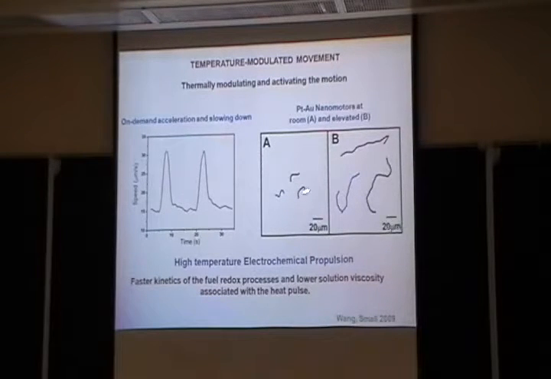I don't have the temperatures here, but you can see at a certain temperature, that's the track for a given time interval. And at a higher temperature, you get a much longer track with the same time interval. So you can speed these things up by putting in a better catalyst, or by raising the temperature. So there are several knobs that you can turn to move them faster.